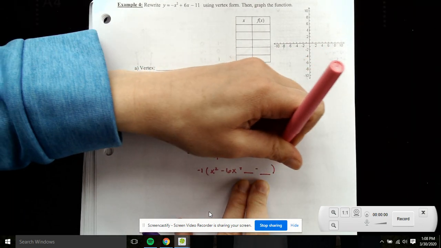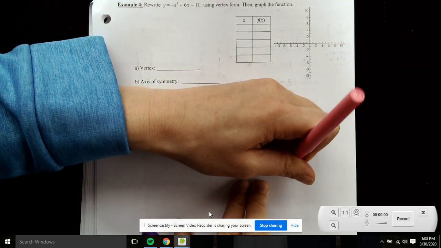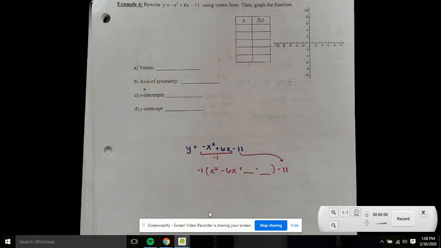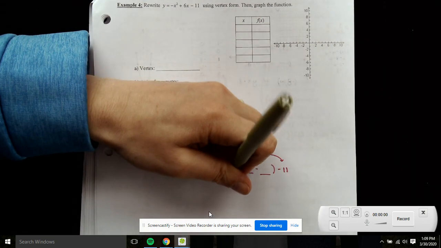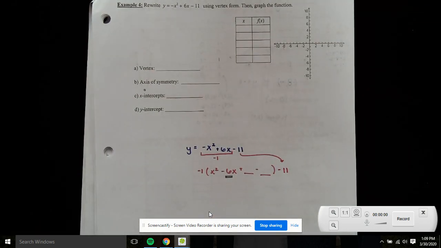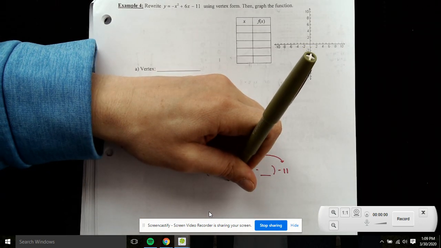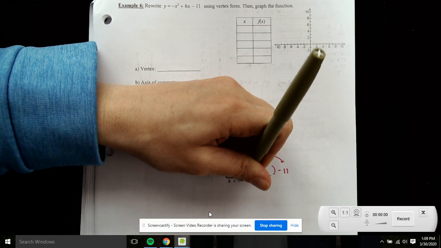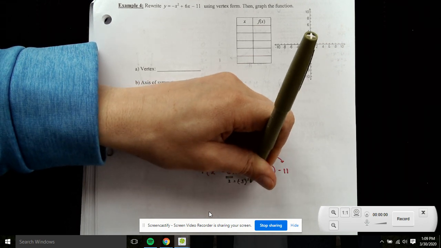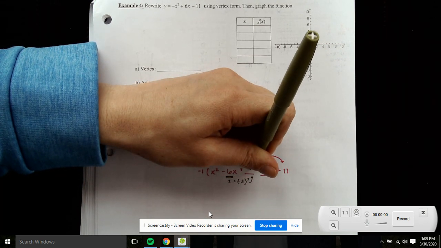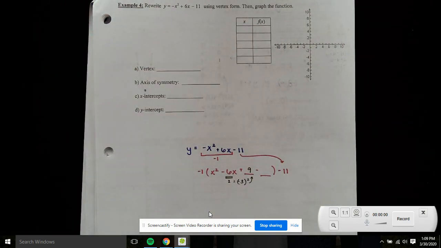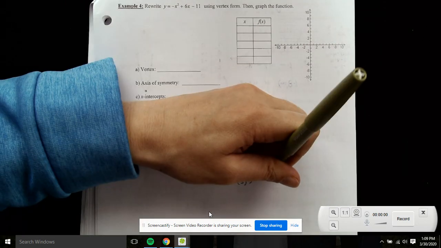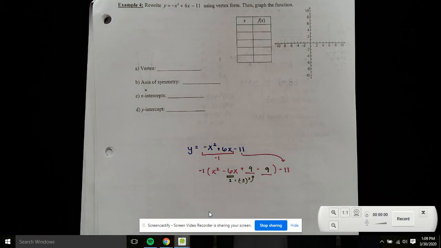And then this negative 11 just travels along for the ride. So I've got x squared minus 6x, and I'm thinking about what I can do to complete that square. Negative 6 divided by 2 equals negative 3. And if I square that, I have plus 9. Just keep in mind, if I add 9, I also want to subtract 9.